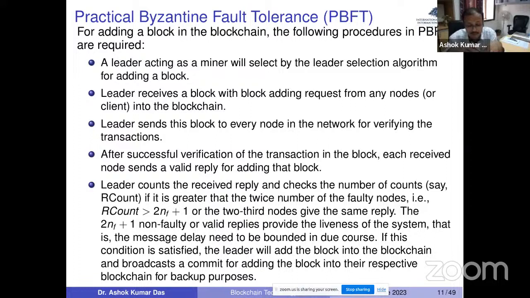As a result, the leader node will broadcast a commit message in the network, and after receiving the commit message, all other peer nodes also insert the same block in their local ledgers. So in that way, the same block is stored in all the peer nodes' local ledgers. Okay, so this is what is known as the practical Byzantine fault tolerance algorithm, the PBFT.